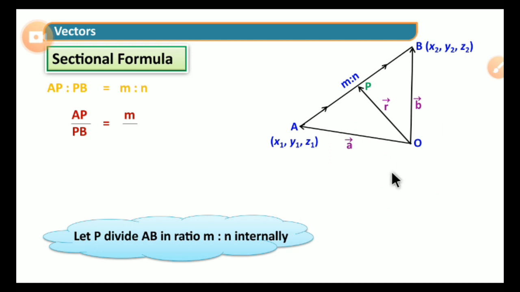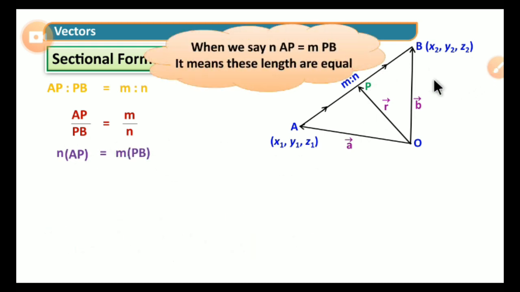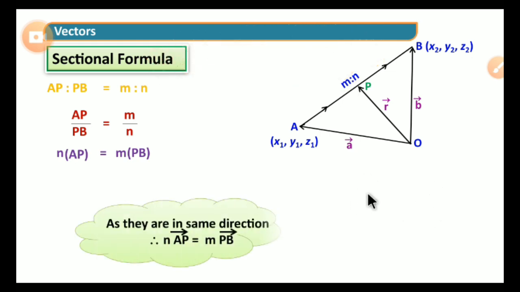After making cross multiplication, we will have n into AP and m into PB. When we say that n into AP is equal to m into PB, it means these lengths are equal as they are in the same direction. See here, AP and PB both are in the same direction.